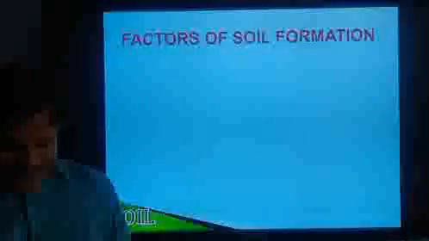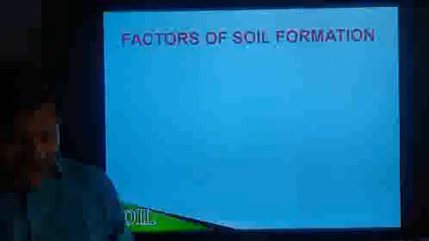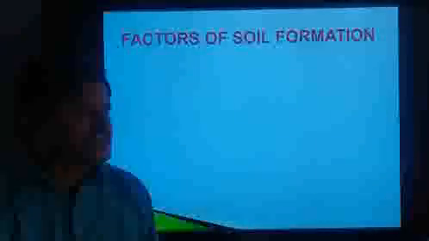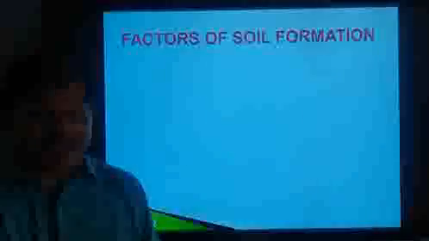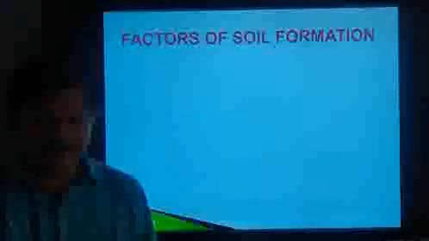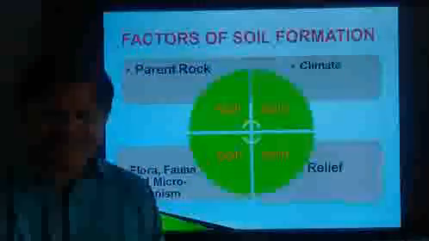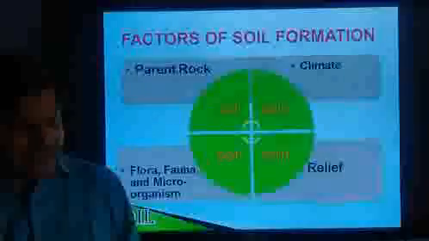Soil is made of organic matter, minerals and weathered rock found on earth. It takes hundreds of years for formation, a huge amount of time. Now, what are the factors? There are 5 factors actually.